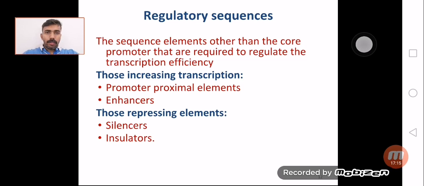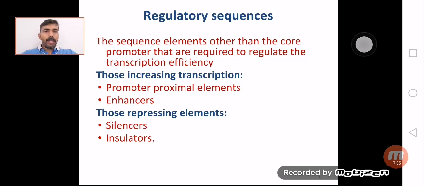There are two kinds of regulatory sequences. One set promotes transcription, that means they have a positive impact, and the other set has a negative impact and will repress the transcription mechanism.